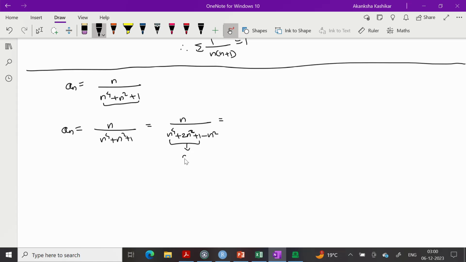So this is a whole square. If I call this a square and this b square, then this becomes n upon a minus b into a plus b. So let me write that: n upon n square plus 1 whole square minus n square, so a minus b means n square plus 1 minus n, into n square plus 1 plus n.